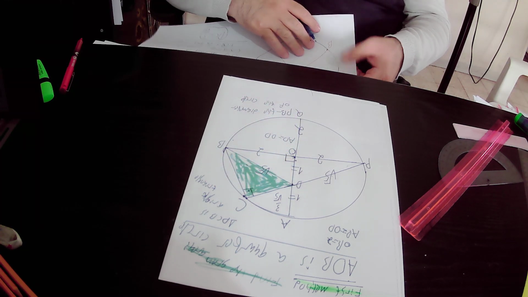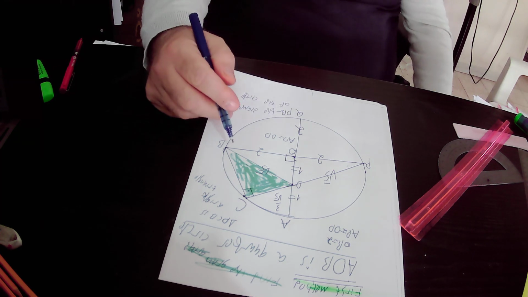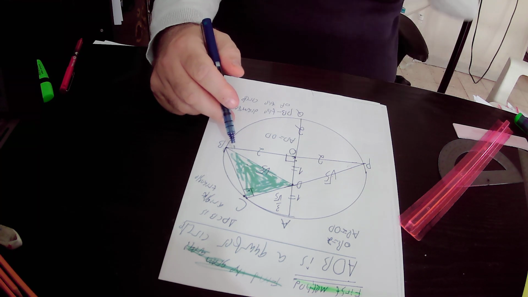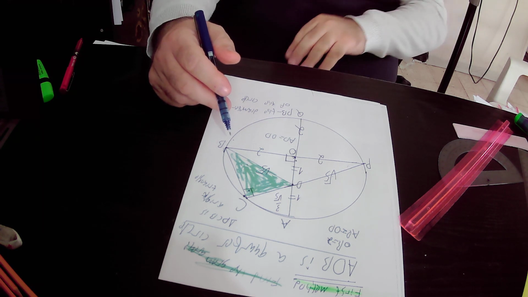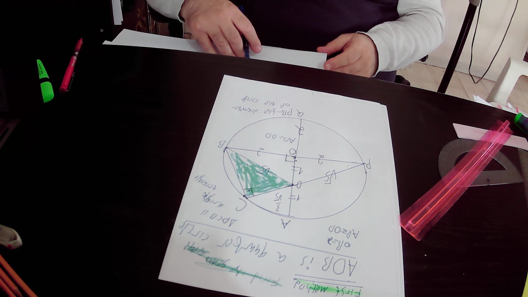Okay? So in the next step we will focus on the blue right triangle, triangle DCB. We will implement the Pythagoras theorem on the right blue triangle, triangle DCB.